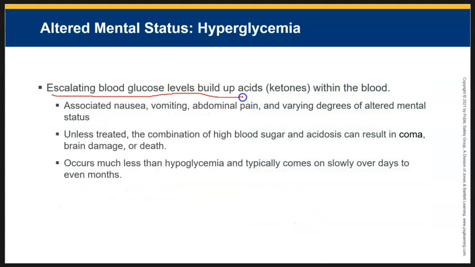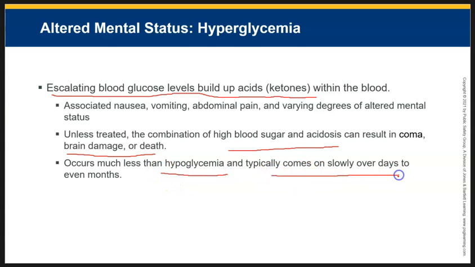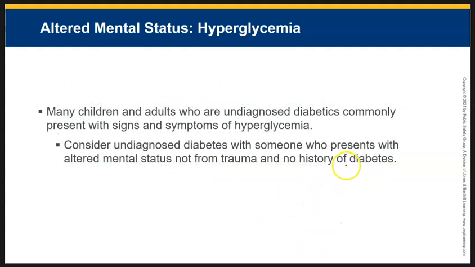Escalating blood glucose level builds up ketones within the blood, and so consequently that acidosis can lead to some pretty severe outcomes. Now, hyperglycemia occurs much less than hypoglycemia, and the onset is much slower. Many children and adults who are undiagnosed diabetics initially present with some of these signs and symptoms, and so that may be a consideration if you have someone with AMS and it's not a traumatic cause and your SAMPLE history uncovers no history of diabetes.